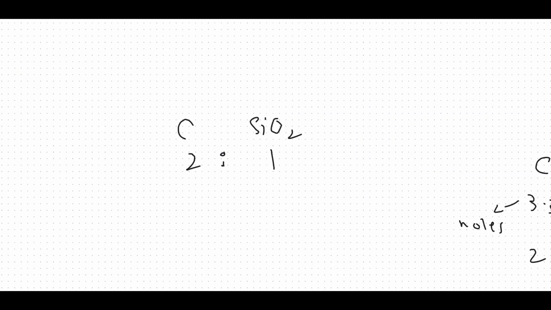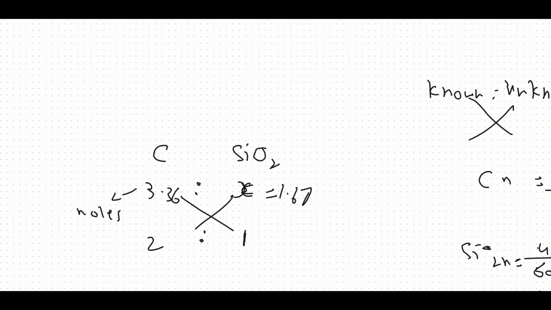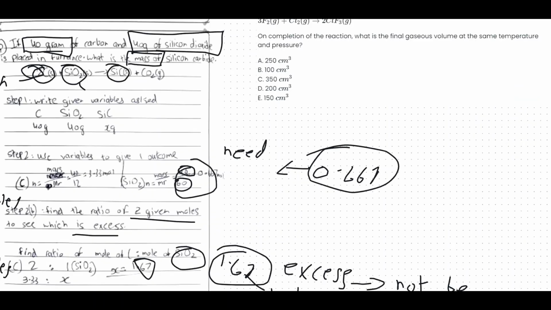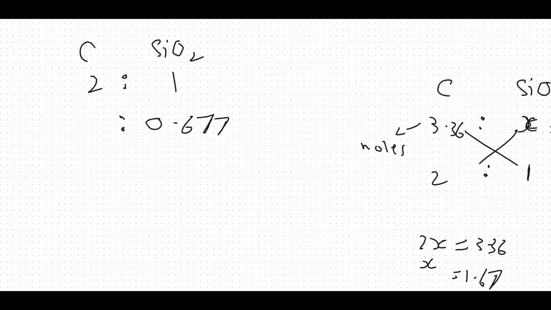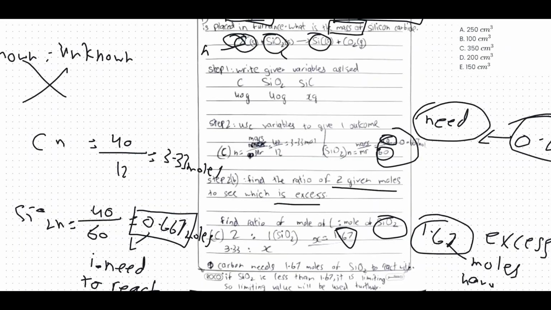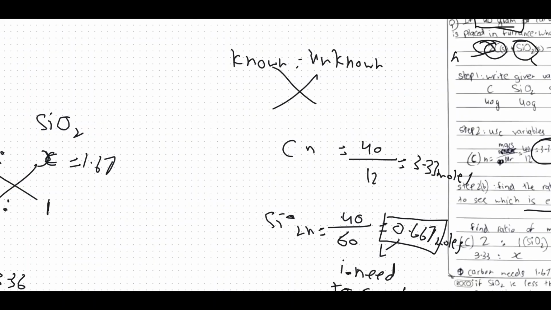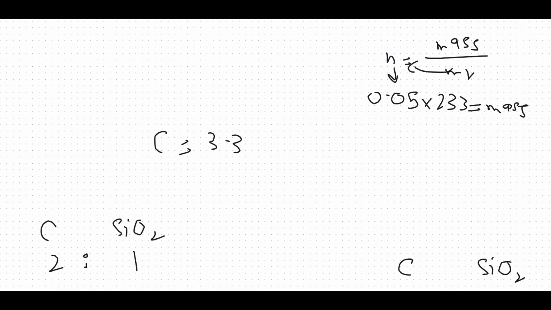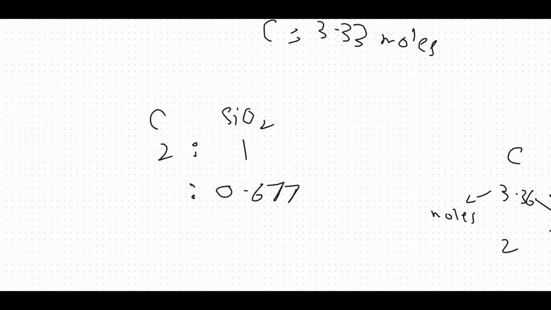And now I want to find how much carbon reacted. For SiO2, I know I need 0.667. I told you earlier, when I found these moles, this is the moles that I need for my reaction. So the moles of carbon that I need for my reaction is 3.33. I'll write X and simply cross multiply.